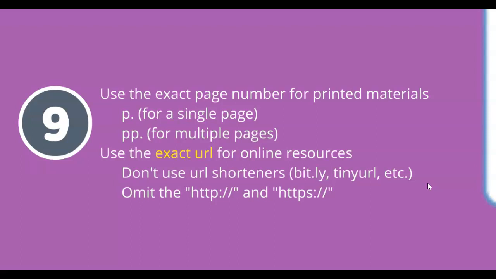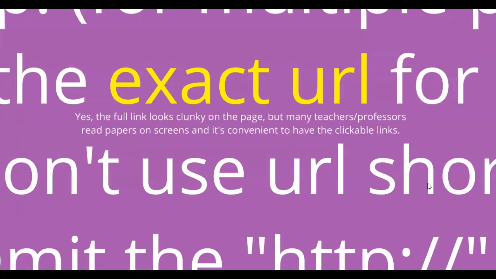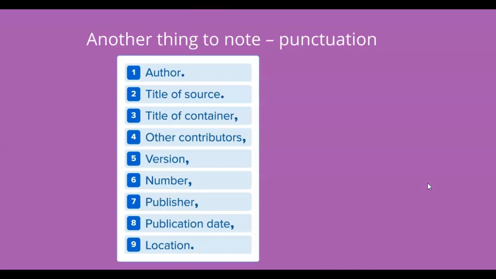Don't use URL shorteners. You would omit the HTTP ://, etc. You don't have to put the exact URL. That's new for the 8th edition as well. It's also teacher preference. I don't really care for you to put that. So you may want to ask your future English teachers if they like that.